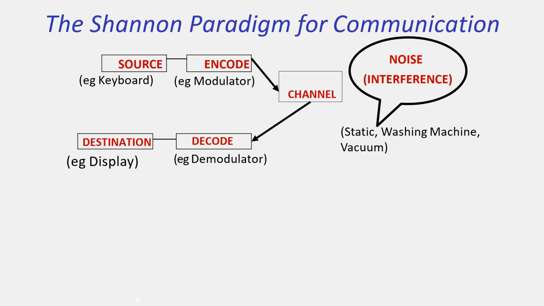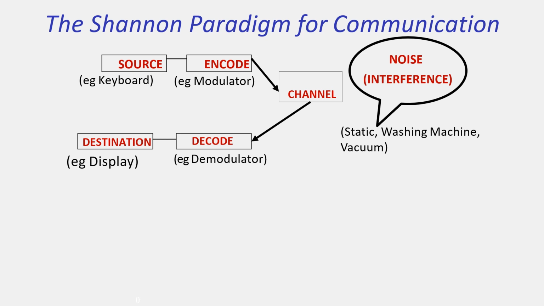So here's a model of communication. One has a source, could be a keyboard, mobile phone, whatever. The text being sent originates there. It is passed through a device called an encoder, which produces the encoding. The encoded text is then passed through a channel.